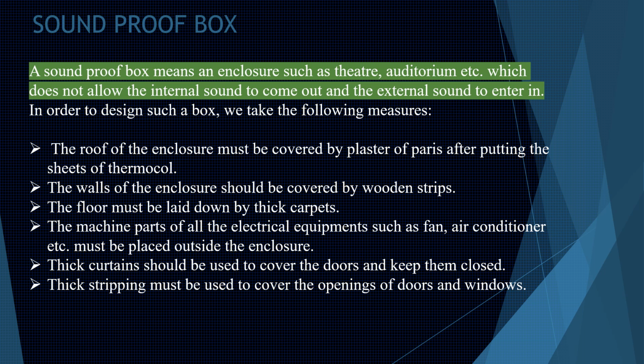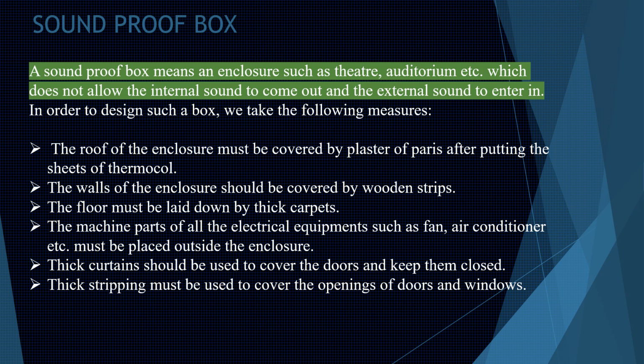So now let us see some measures which can be taken to design such a soundproof box. First, the roof of the enclosure must be covered by plaster of Paris after putting the sheets of thermocol. The walls of the enclosure should be covered by wooden strips.